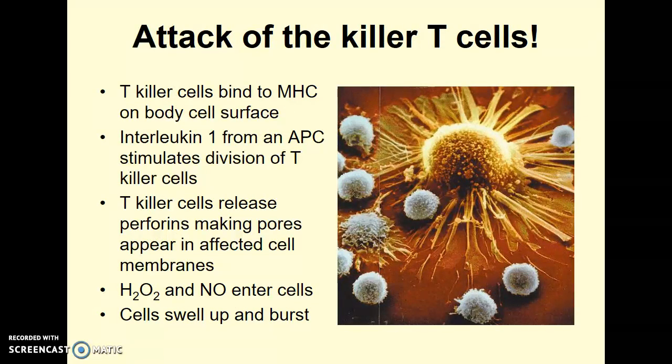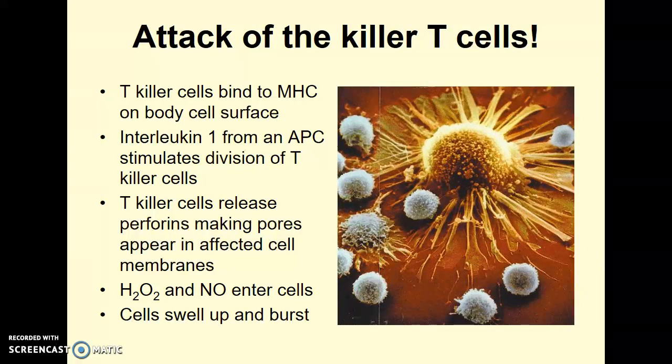So here's a scanning electron micrograph of lots of white blood cells crowding around a cancerous cell. The T killer cells that you can see bind to the MHC on that cell surface.